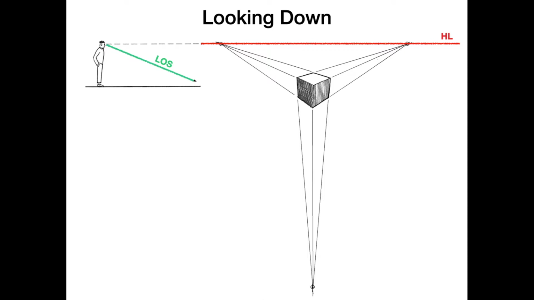And let's go back to our cube here. So the length of the cube is level to the ground, so the lines are receding back to converge at a point on the horizon line over to the left. The width of our cube is level to the ground, so the lines are receding back to converge at a point on the horizon line over to the right.